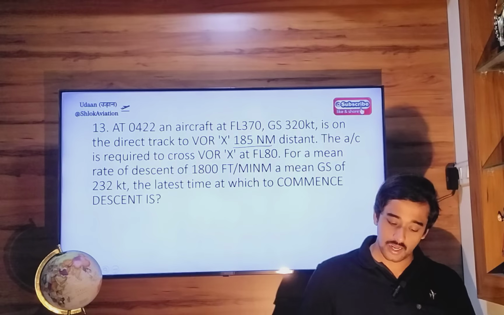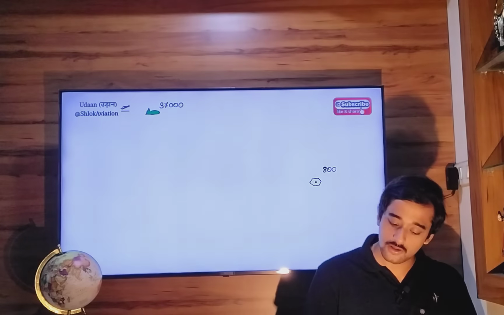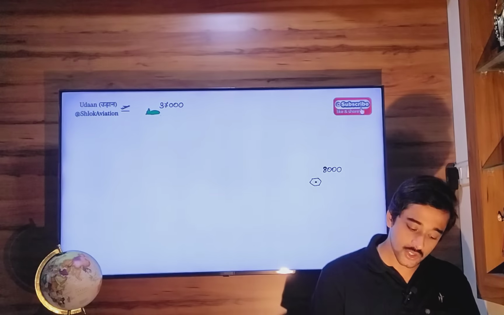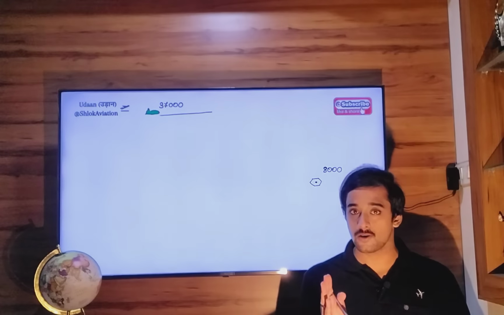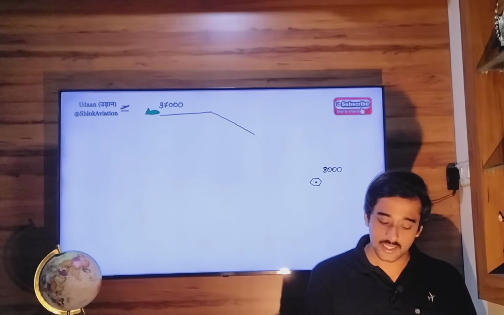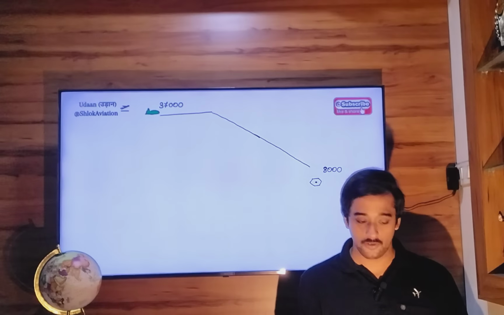It is supposed to arrive over the VOR at 8,000 feet. So it is going to fly a straight and level flight for some time. It's going to maintain 37,000 feet for a few minutes, and then it's going to begin its descent such that it arrives over the VOR at 8,000 feet.